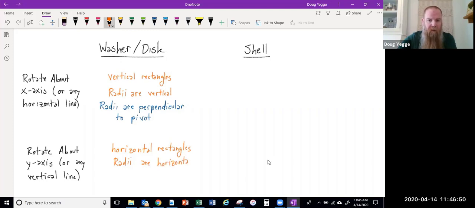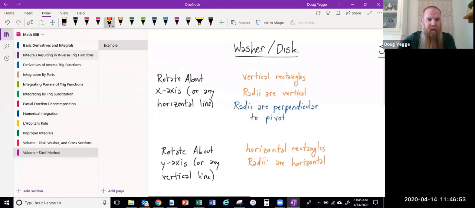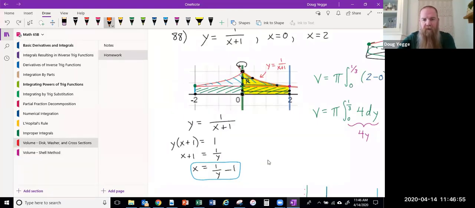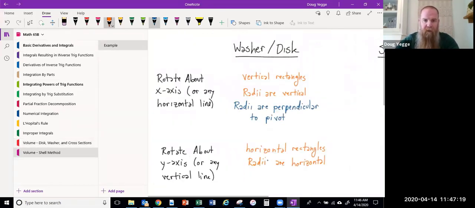But more importantly, when we take a look back at this disc and washer right here, notice when we were rotating around the y-axis, look at how my radii were perpendicular to where we were rotating, because we were rotating them around to create these discs. That same thing happens if we were to rotate about the x-axis. So now we realize that in this situation, the radii are still perpendicular to the pivot.